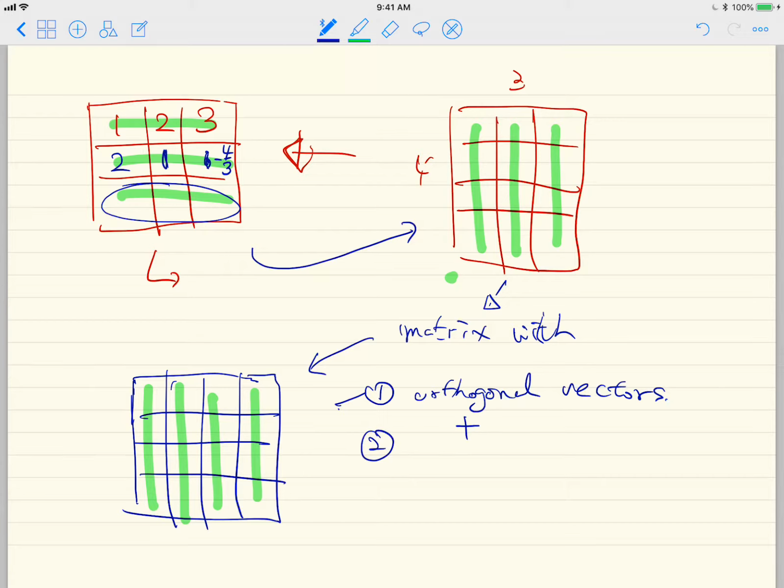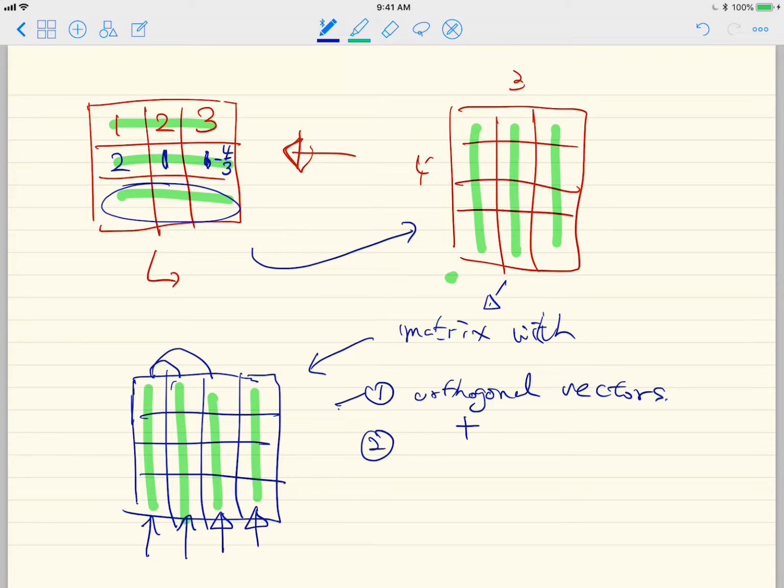So it's a little tricky, but each vector length should be 1. Okay, so they are not only orthogonal to each other for any given pair, but also when looking at each of these column vectors, their vector length should be 1.